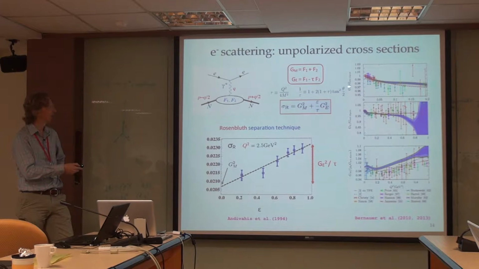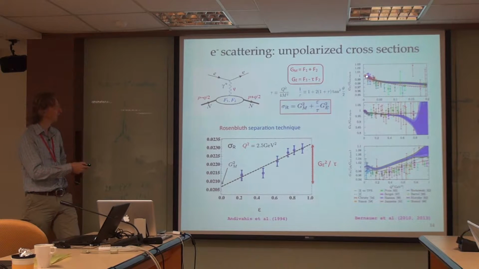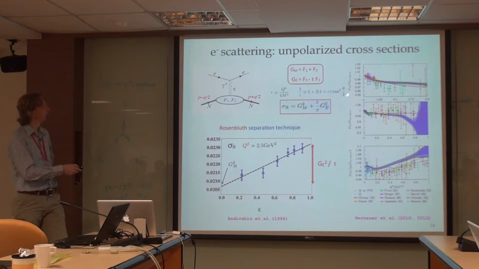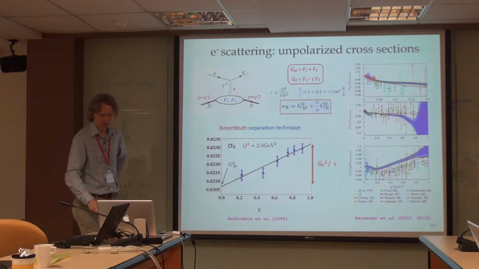So if one takes out this behavior, one has a variation which is relatively smooth, but the deviation from 1 shows the non-trivial dependence in these form factors. And one can see that the new measurement, this blue band, is very precise at very low Q². So these are the measurements here which are being used to extract the electric radius and magnetic radius, respectively.